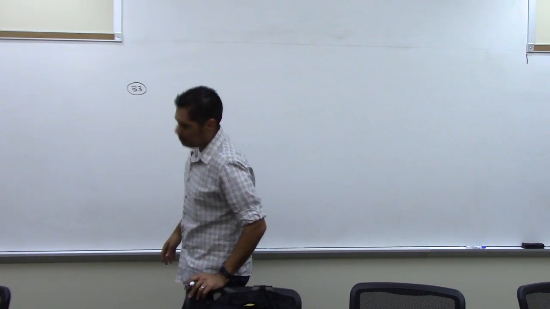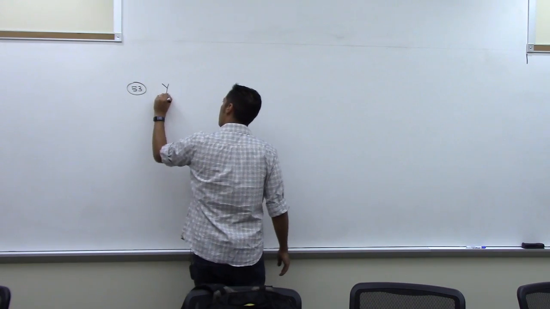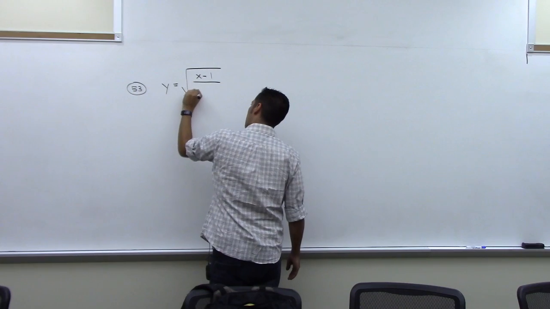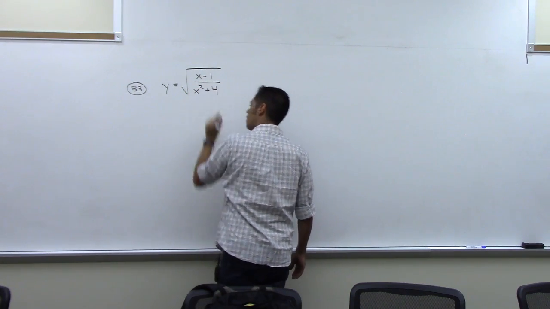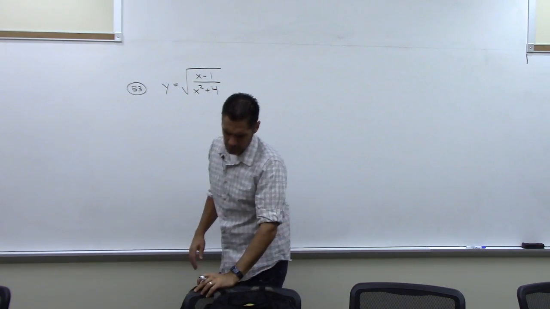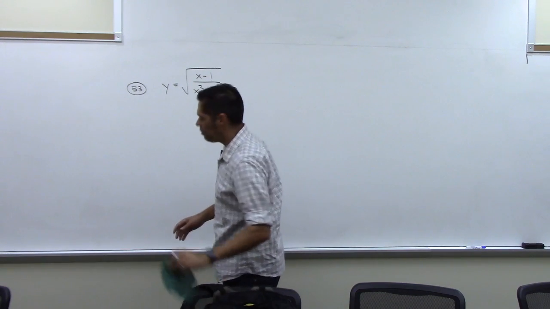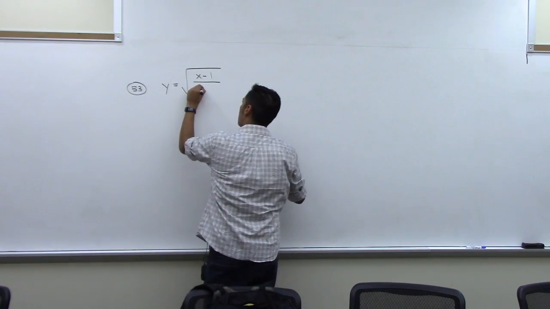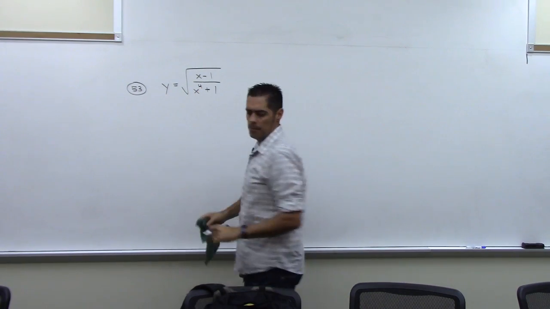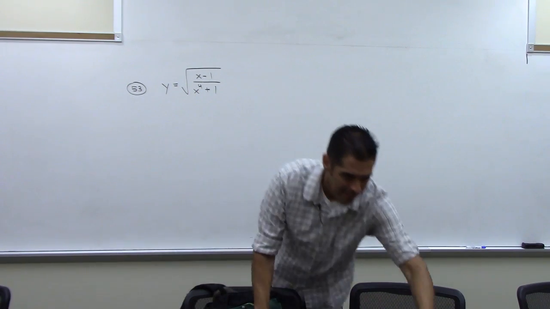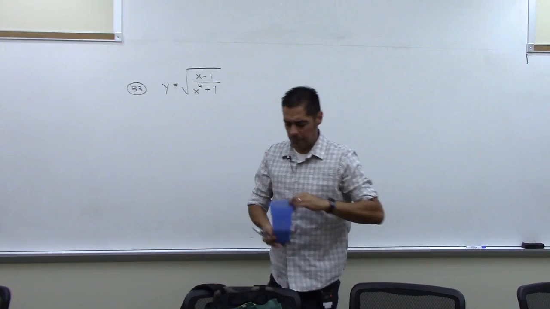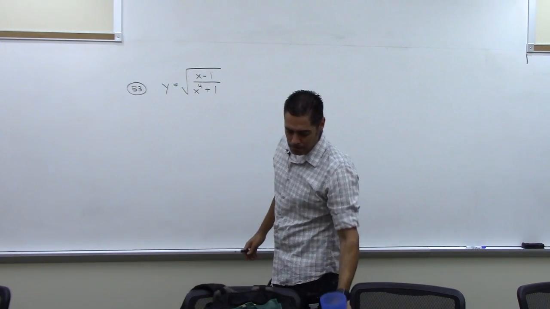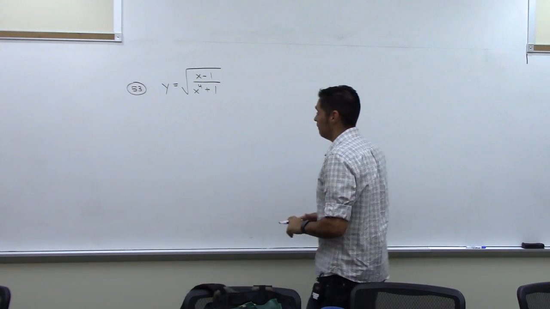Y is the square root of x minus 1 over x squared plus 4. Oh, x to the 4th plus 1. Oops. All right, same thing.